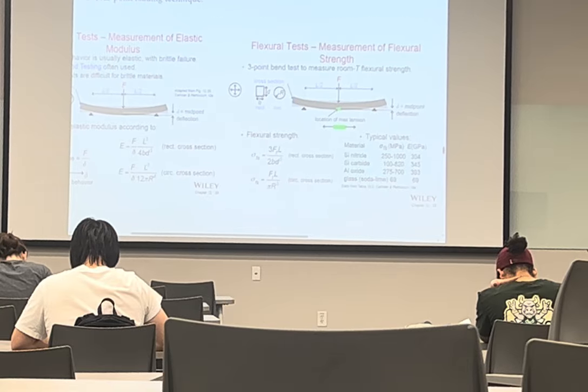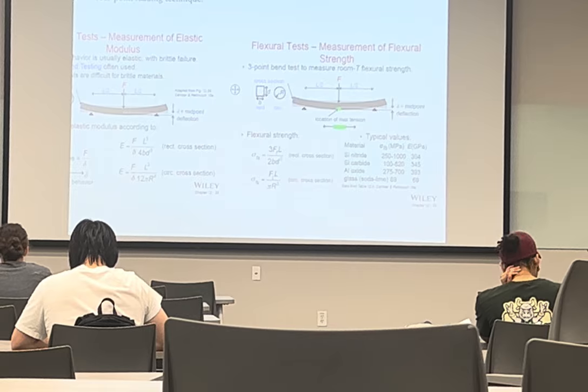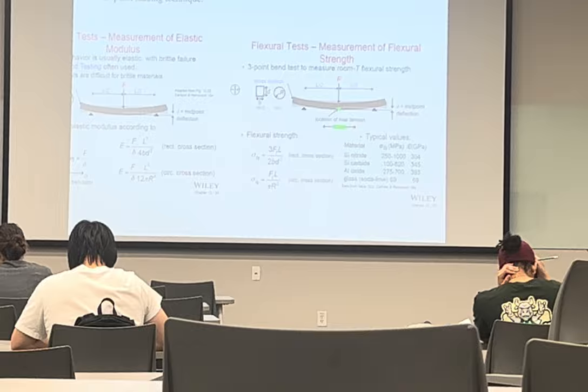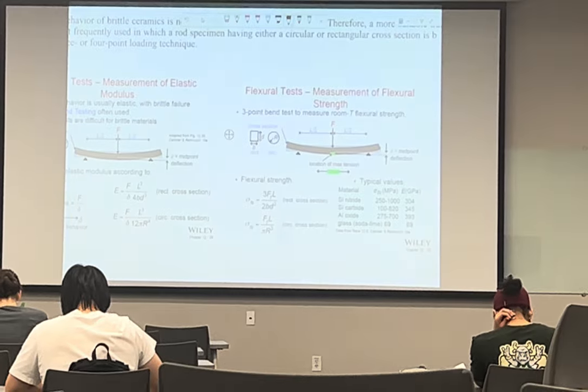For the rectangular one, just be careful with b and d, where b is the width and d is the height of the rectangle. It's usually confusing, so I think in most questions we're going to specify what is d and what is b, because it's going to change your answer.